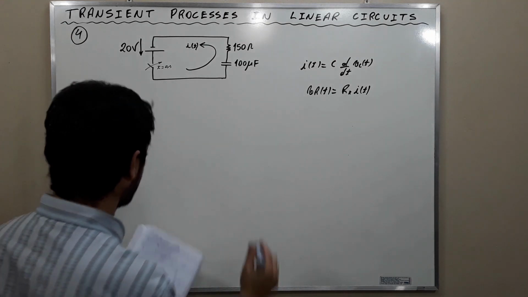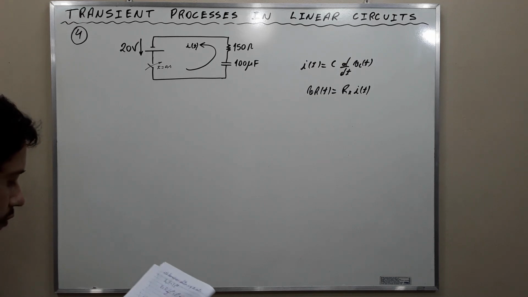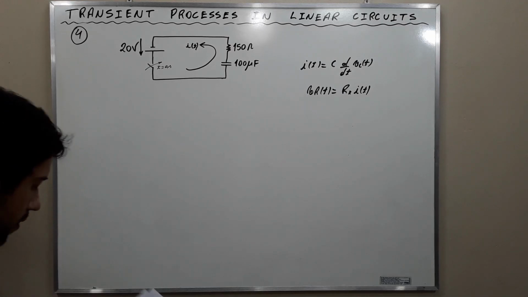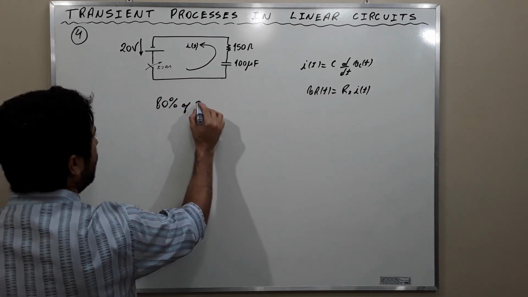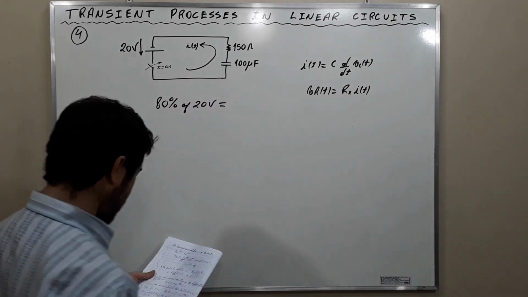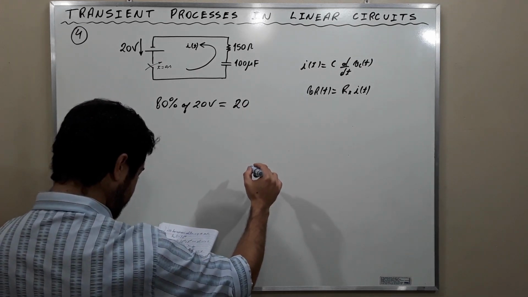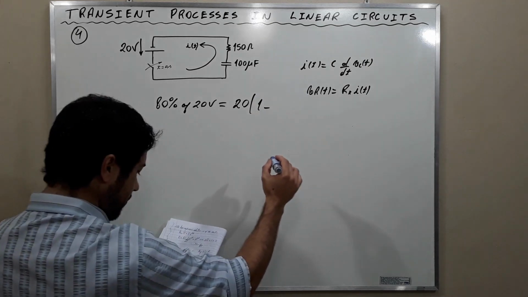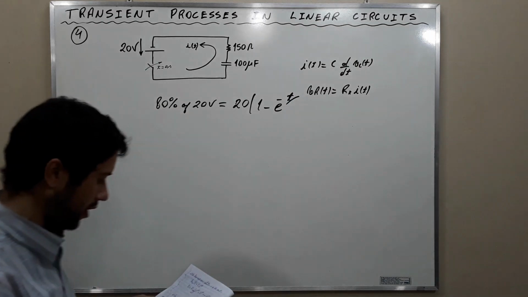Okay, so the exercise wants us to calculate the time it takes for the capacitor voltage to reach 80% of 20 volts. 80% of 20 volts is going to be equal to 20 times 1 minus e raised to the power of negative t over RC.